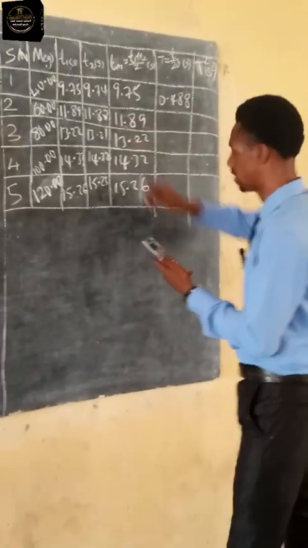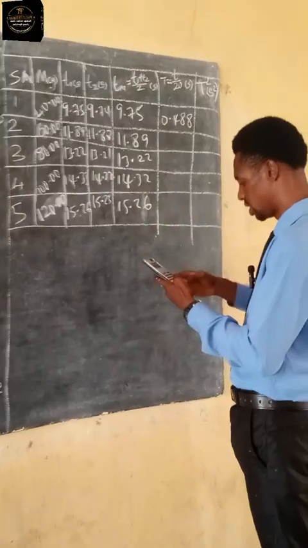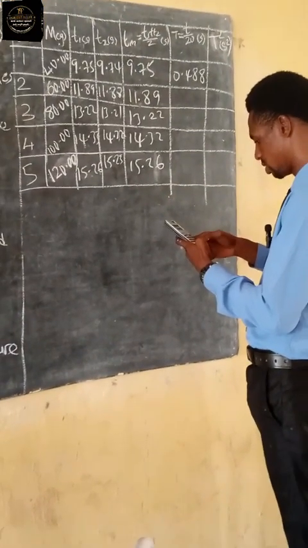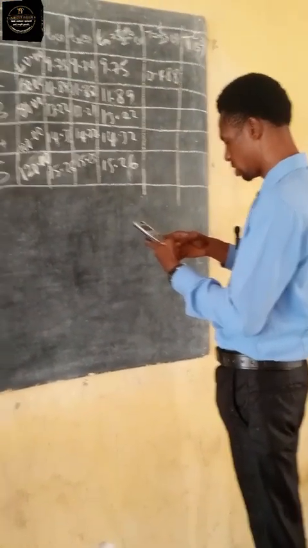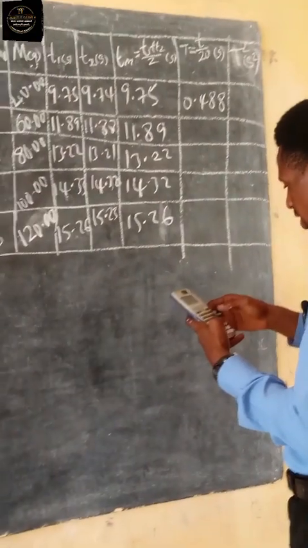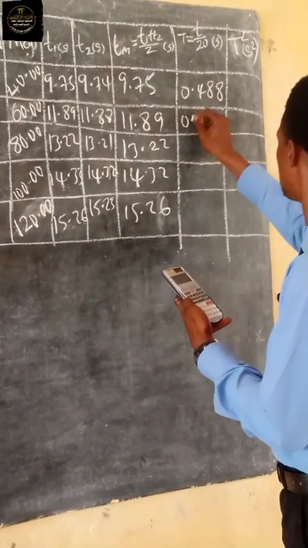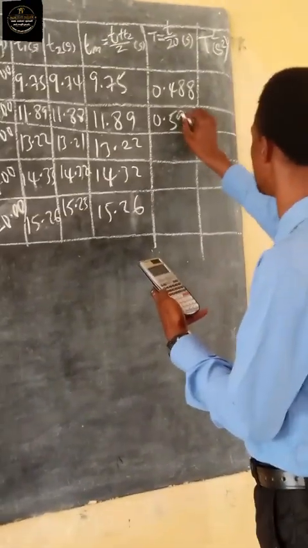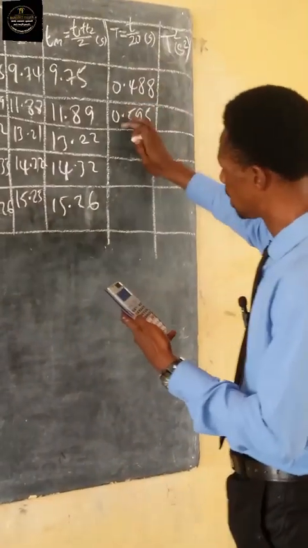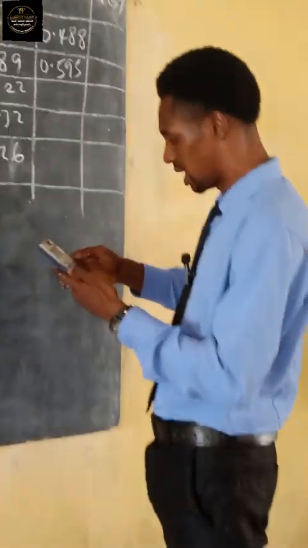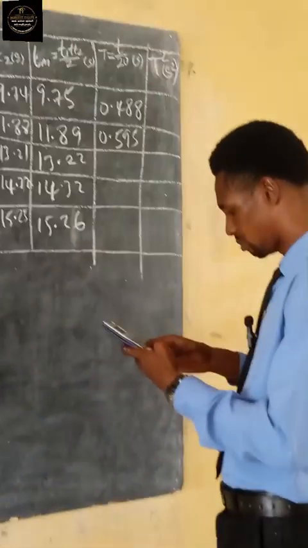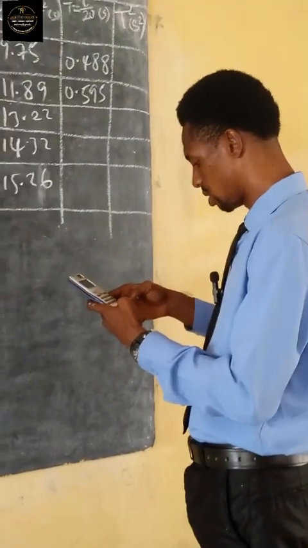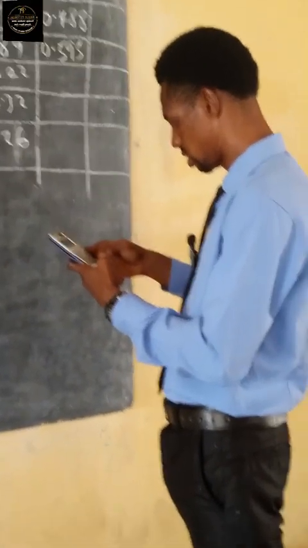0.488. So I'll divide this one by 20, 11.89 divided by 20, and that gives me 0.595. At least make them 3 decimals. That is 13.22 divided by 20.